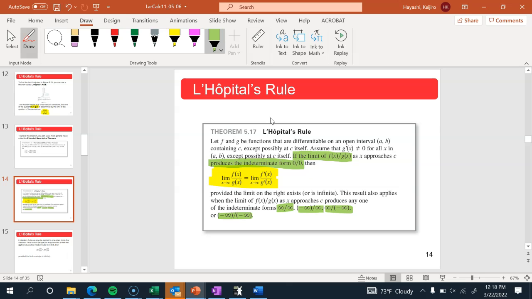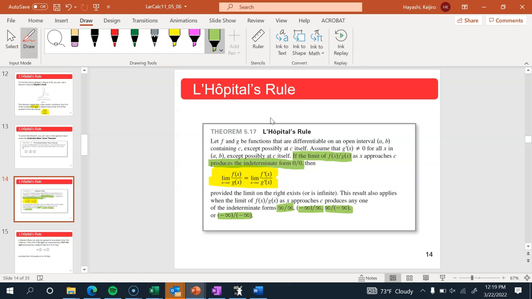Yeah. If you try to directly substitute and you get one of these indeterminate forms, that's the only way you're going to be getting these indeterminate forms, if you plug in the actual value of the target number, the c. But if you directly substitute and you get one of these indeterminate forms, you can use this.